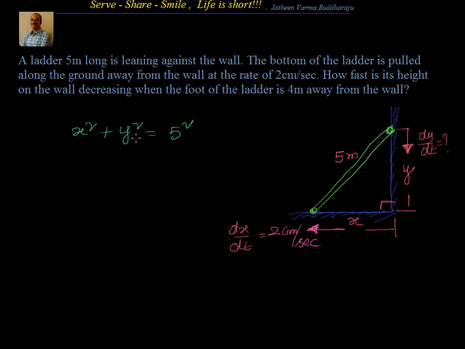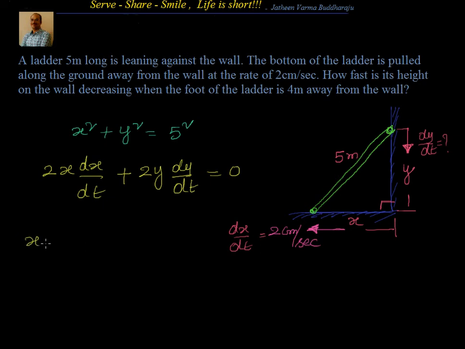Now we know x square plus y square equal to 25. We know dx by dt, and we have to find dy by dt. So we have to differentiate with respect to time, because we have been asked dy by dt given dx by dt. So let's differentiate with respect to t. We will have d by dt of x square, that is 2x dx by dt, plus 2y dy by dt is equal to 0.